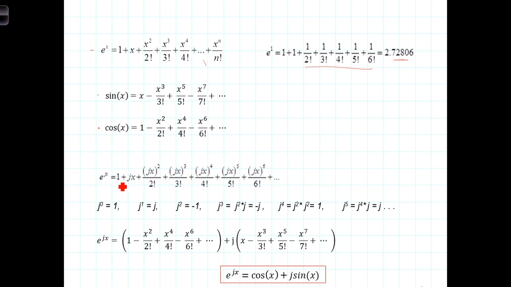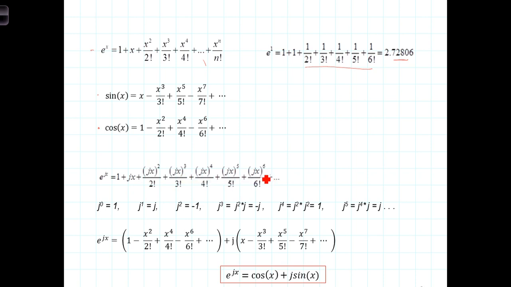When we do so, we have 1 plus j times x plus (jx) squared over 2 factorial plus (jx) cubed over 3 factorial, and so on. Notice in the numerator here, in addition to x being squared, cubed, to the fourth and fifth, and so on, j is also j to the first, j squared, j cubed, and so on.